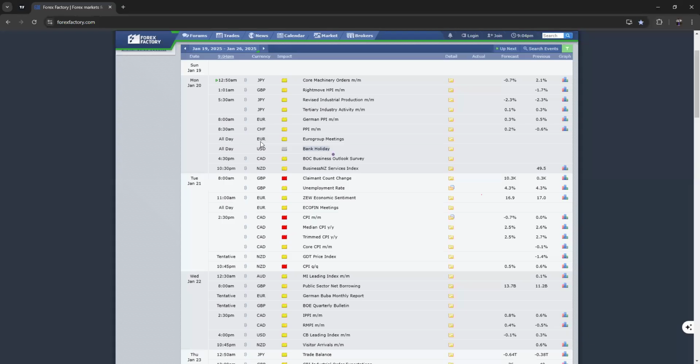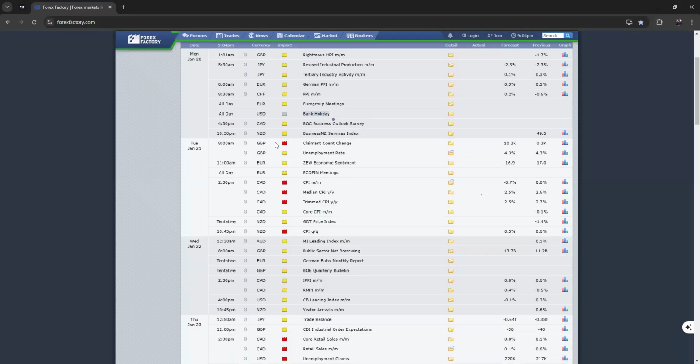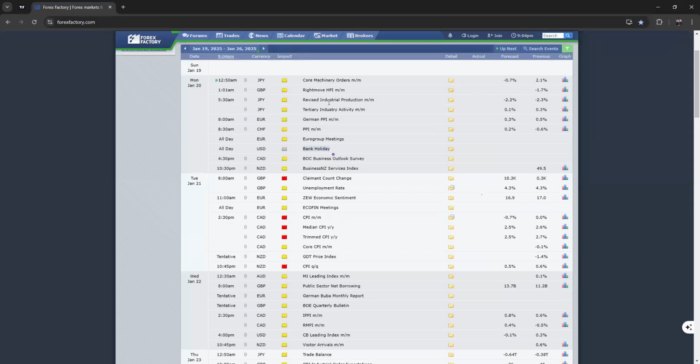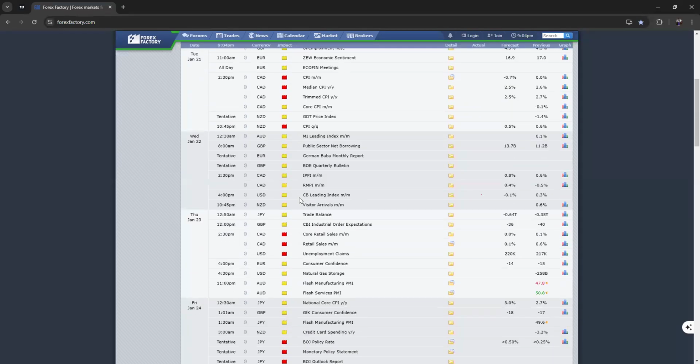We have the bank holiday on Monday on the USD all day. Tuesday we have CPI. Unemployment claims on Thursday.